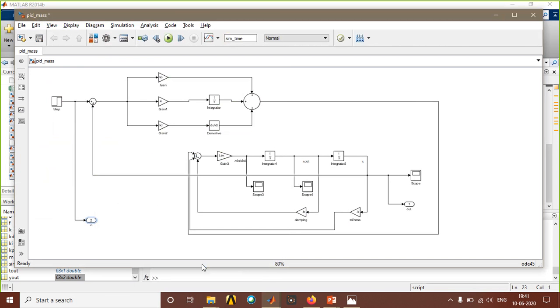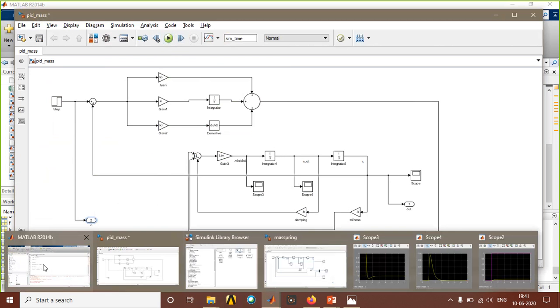Yeah. What is the problem? Fine. I'll do one thing. We can create a mux here and verify so that we will be able to find out the error.